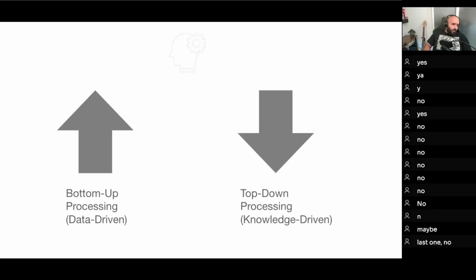Make co-host, confirm. Okay. Yeah, the way we perceive the world can be categorized into these two distinct processes, bottom up and top down. You can also think of them as data driven and knowledge driven. So we're going to see some examples of what this means, right?